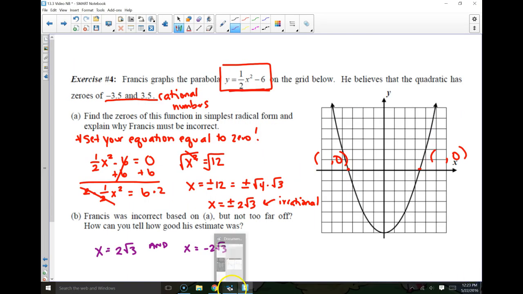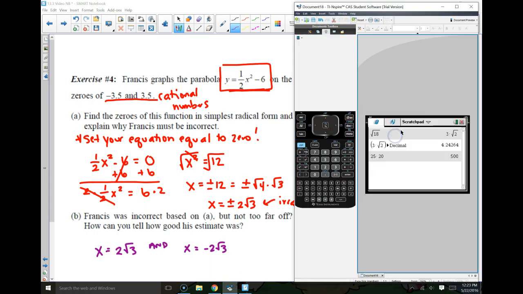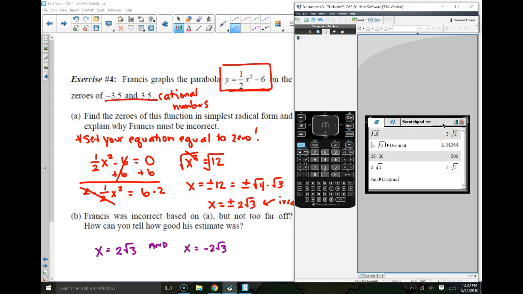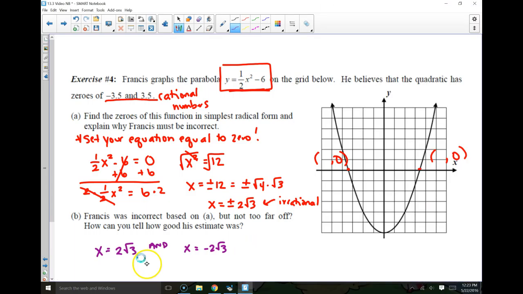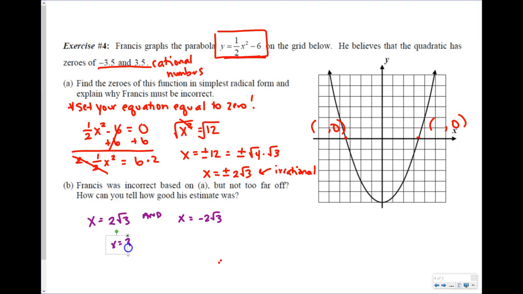So if I actually go to my calculator, and I put this in my calculator, and I say 2 control square root of 3, and hit enter, and then I go to menu, and hit number, convert to a decimal, I get 3.4641. So when I do this, 3.4161, and x equals negative 3.4161, this is an estimate.